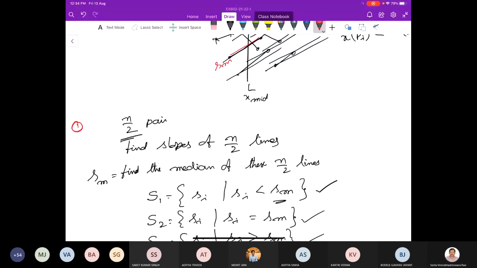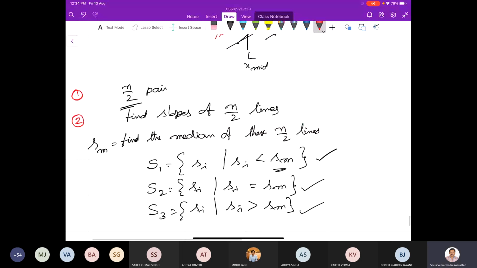Find the slopes of these n/2 lines defined by these pairs and take the median of these n/2 lines.